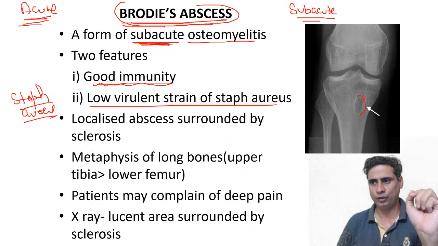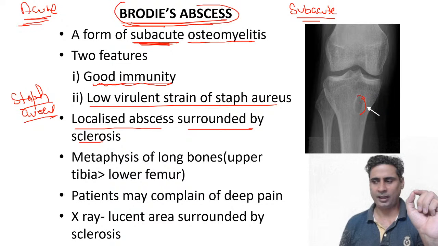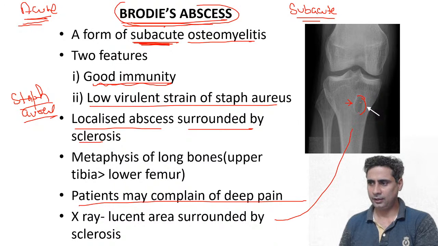Remember, this is subacute osteomyelitis, not chronic. So there will be a localized abscess surrounded by a zone of sclerosis. Most common site of involvement is the metaphysis of tibia. Patient may complain of deep pain, and on X-ray, as you can see, there is a radiolucent area surrounded by a zone of sclerosis in the metaphyseal area.